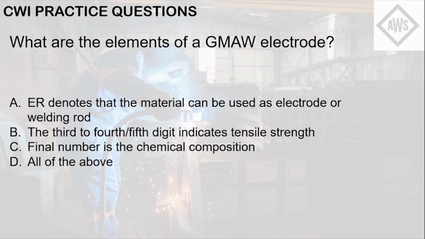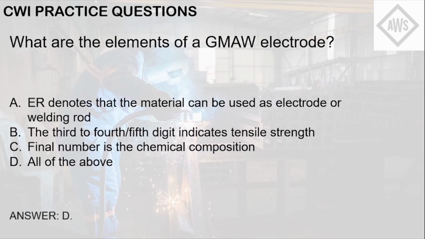So the ER denotes that the material can be used as electrode or welding rod. The next digits indicate tensile strength. If it is 70 or 100, that indicates 70 KSI or 100 KSI respectively. And the final number, similar to the SMAW electrode, is the chemical composition of that GMAW electrode.